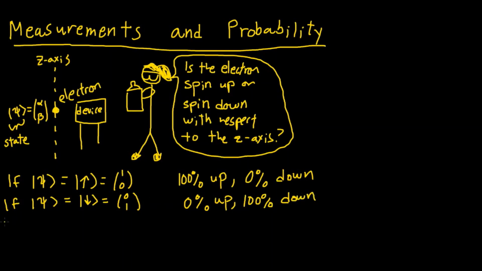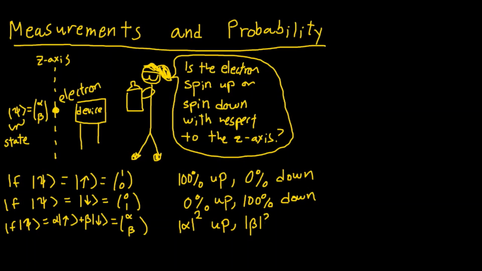And in the most general case, if psi is equal to alpha times spin up plus beta times spin down, meaning its components are alpha and beta, then the magnitude of alpha squared is going to be the probability that it's measured to be spin up, and the magnitude of beta squared is going to be the probability that it's going to be measured to be spin down.